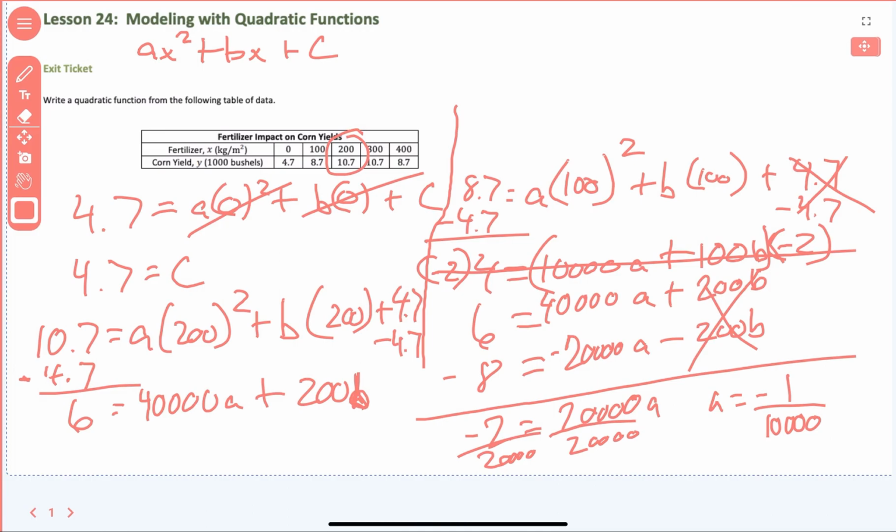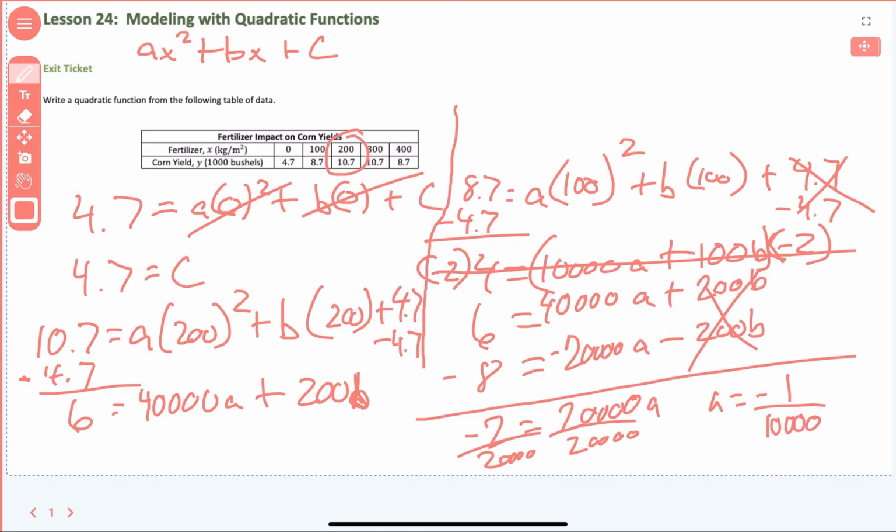Well, I'm going to do this at the top up here. So A is -1/10,000 x squared plus bx plus 4.7. Okay, now, that is not what you do. Sorry, that is completely incorrect. We're not there yet.